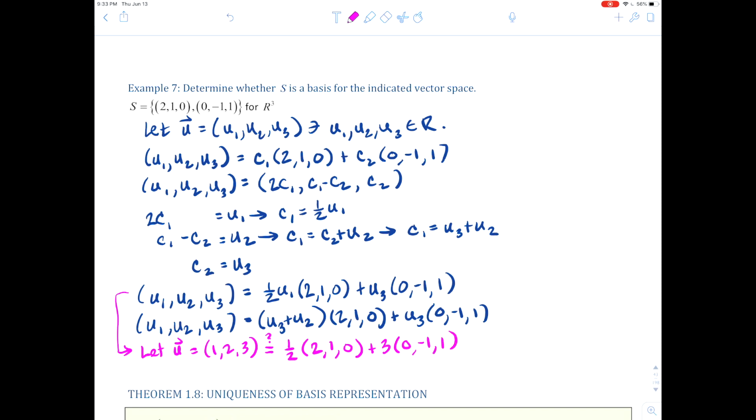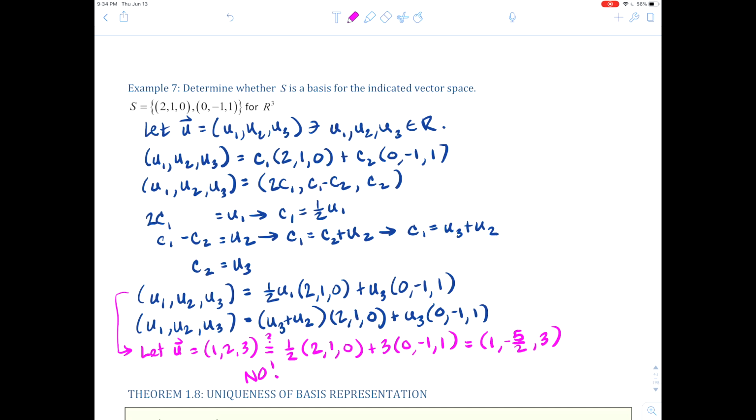Well, let's see. This one for sure equals 1/2 times 2 is 1 plus 0. We get the 1. 1/2 times 1 is 1/2. And 1/2 minus 3 is what? Isn't that -5/2? And then for the last component it would work, but this doesn't work, right? So here it's just not working out, right?